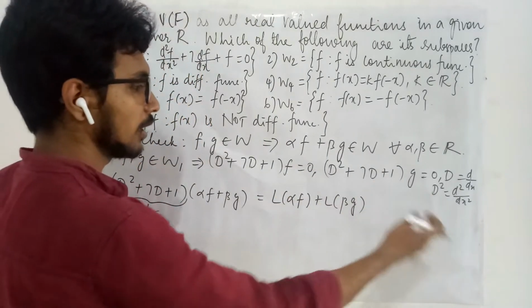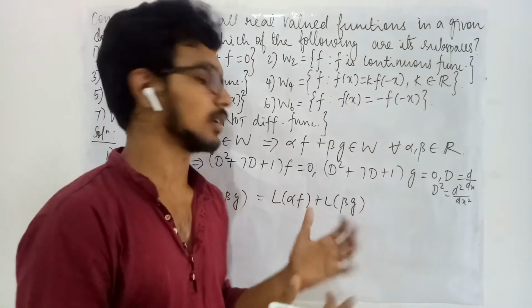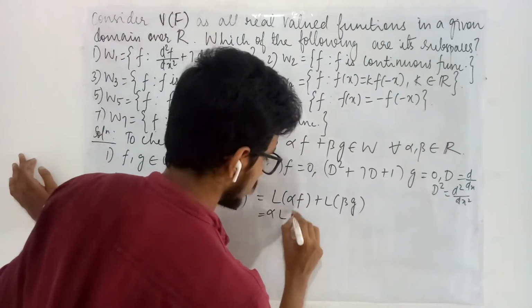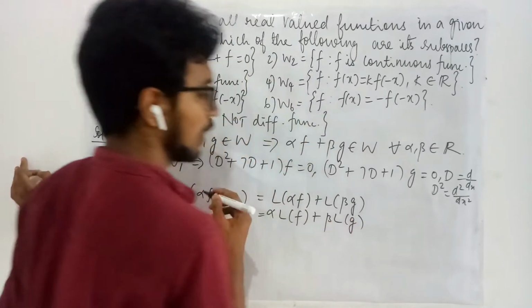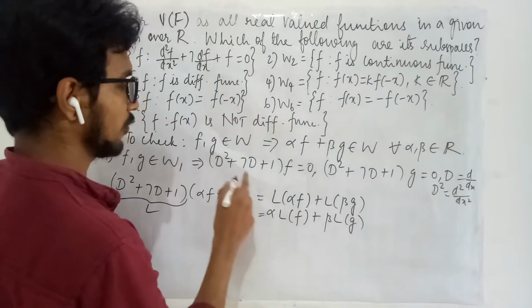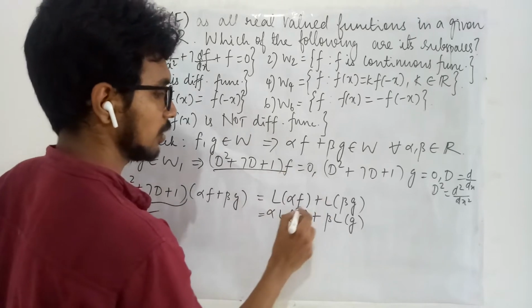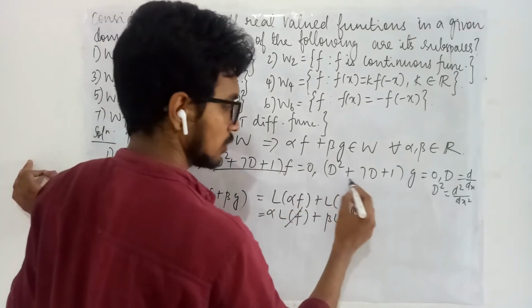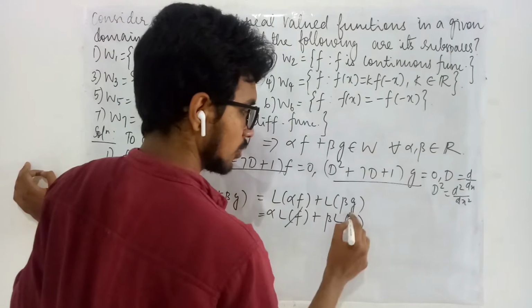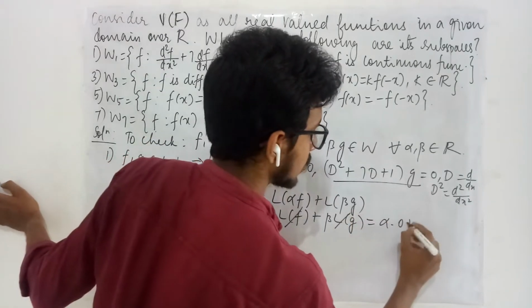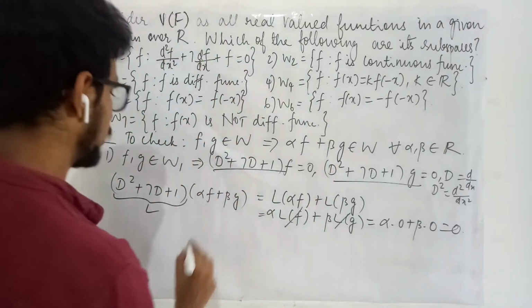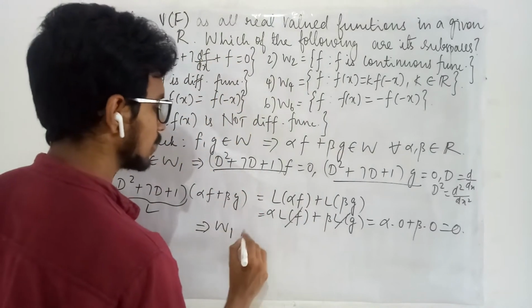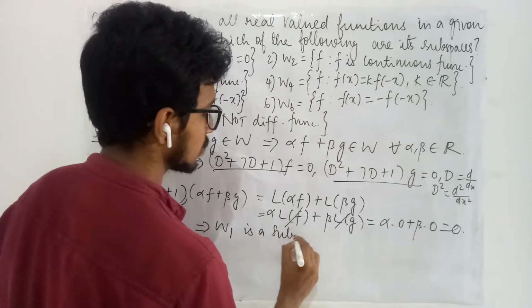When you differentiate, that is not affected, so you can take them outside: alpha times L of f plus beta times L of g. What is your L of f? This is 0. And L of g is also 0. So alpha times 0 plus beta times 0 is 0. Therefore W1 is a subspace.